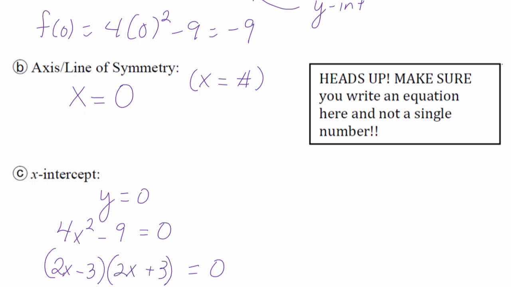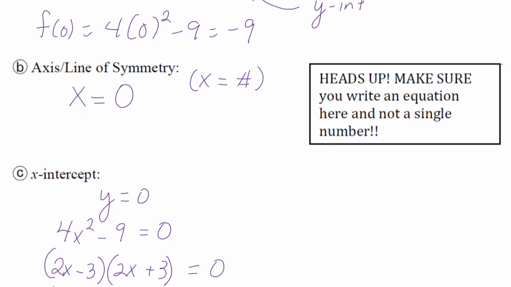We can set these two factors equal to 0 to solve for x. Here we get 2x equals 3, so x is 3 halves. And here we get 2x equals negative 3, so x is negative 3 halves.